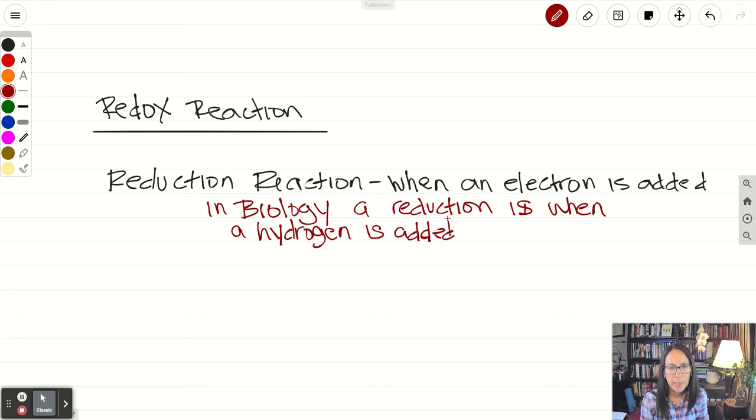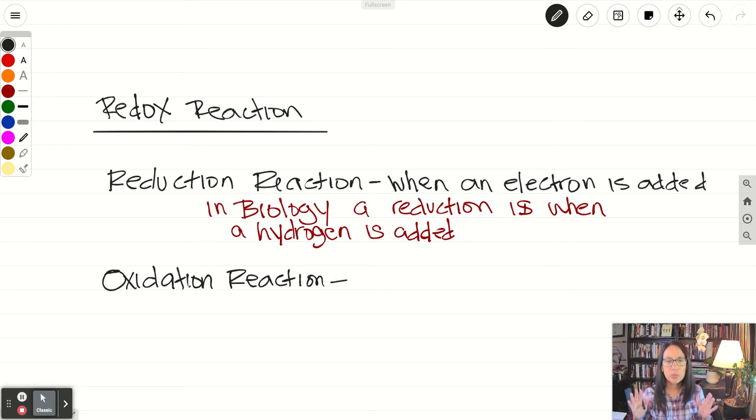Let me explain the oxidation before I show you the example. The opposite happens, and that's called an oxidation reaction. Oxidation is when an electron is removed.